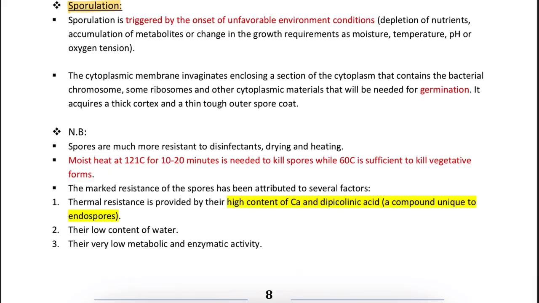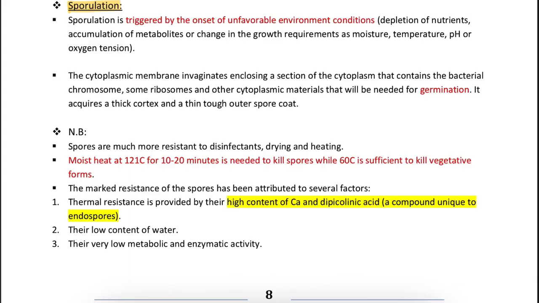In lab diagnosis, suspect spores in recurrent hospital infections, or organisms surviving high heat processes, with no growth unless special anaerobic conditions are used.